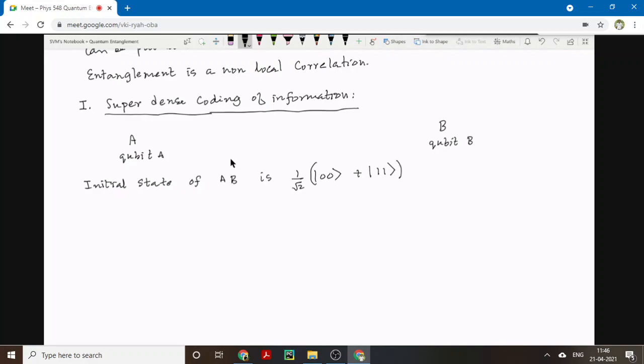I will not write A B. First one is A, second one is B. That is how I will recognize what is A and what is B. So this is the initial state of AB. But remember, one qubit is with B and the other is with A, and A and B are spatially far away from each other.